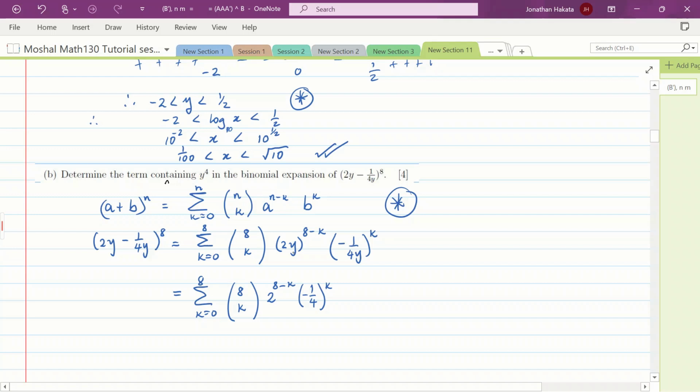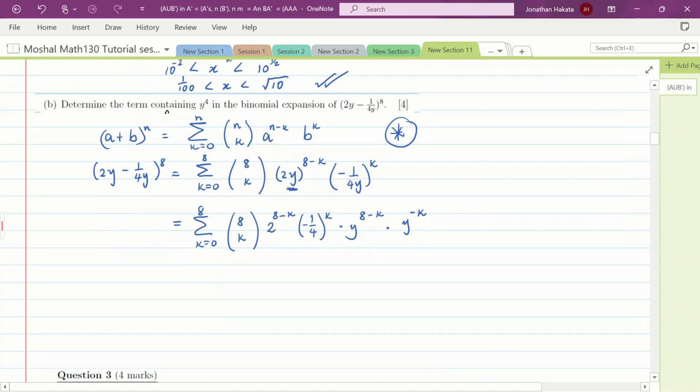Then remember, we should have y to the power of 8 minus k from this bracket, multiplied by 1 over y to the power of k, which is just the same as y to the power of negative k. I'm sure you guys are following.